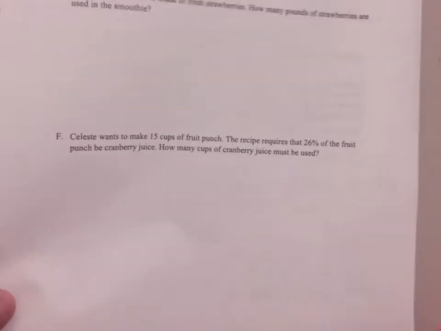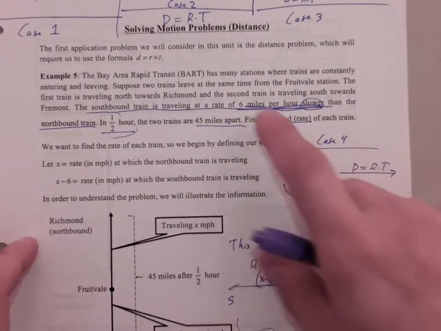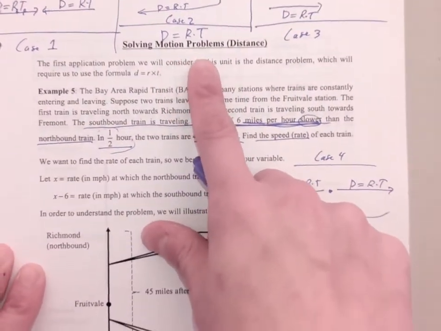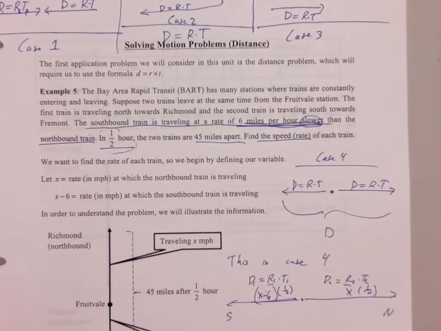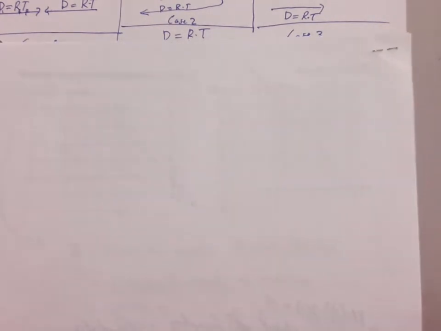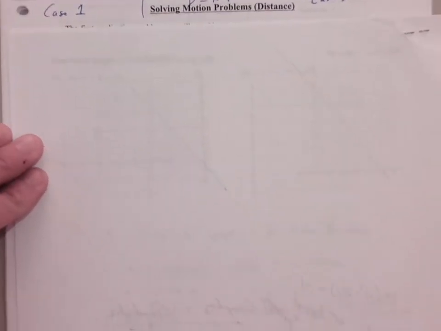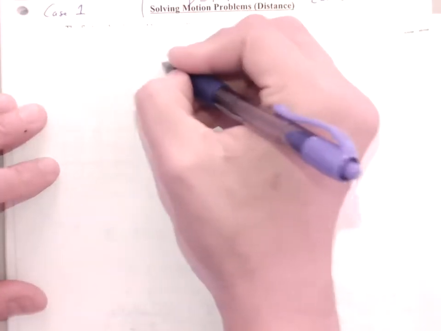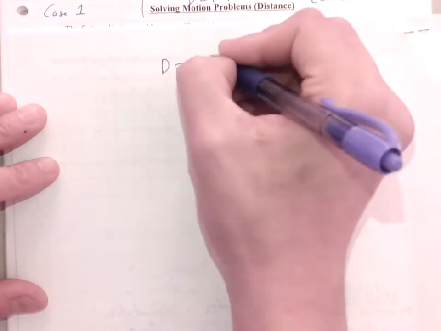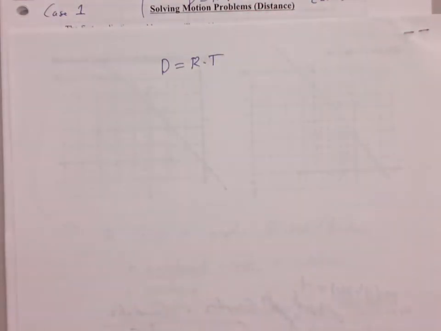All right. The bulk of what we're going to be looking at here is solving our motion mixture problems. If we remember, we have the 4 different kinds of cases here. So we're going to remember this right now. So here we have case 1. So this is D equals RT. If you forgot this or don't know, please write it down.